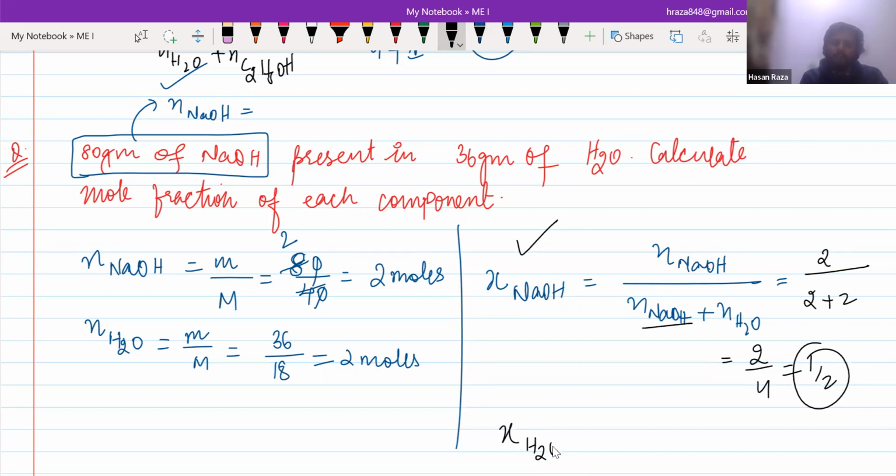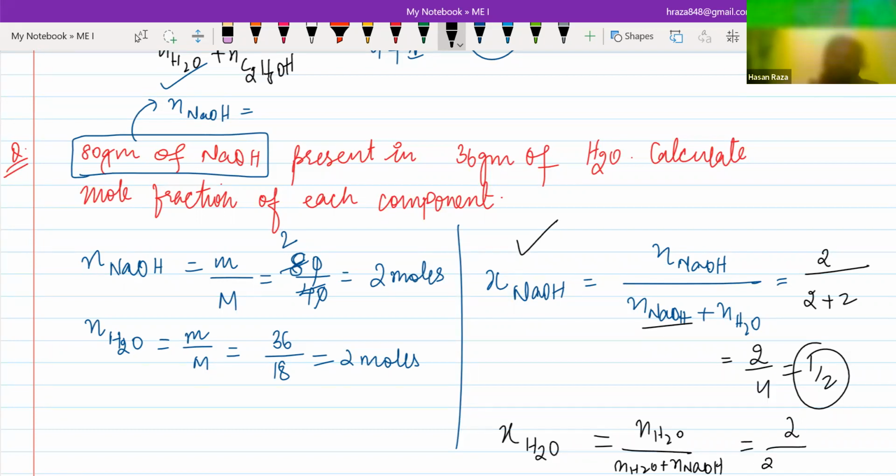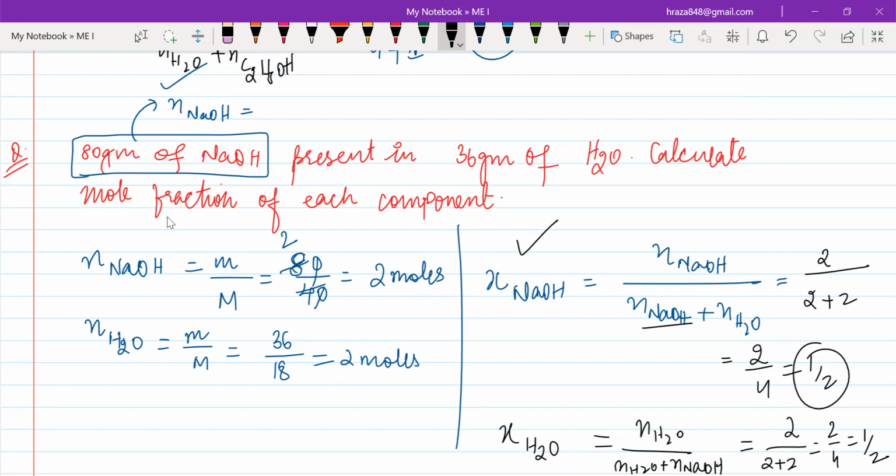Mole fraction of H2O will be equal to number of moles of H2O upon number of moles of H2O plus number of moles of NaOH. If you solve it, it will again be 2 upon 2 plus 2. That will be equal to 2 by 4, and it will be 1 by 2. So the mole fraction of each component will be half or 0.5.